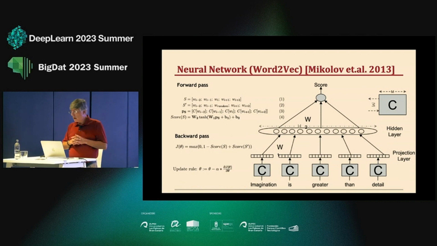So what is the most famous way to build these word embeddings? These word embeddings were built by a program called Word2Vec, which was developed by people at Google, Mikolov and others.